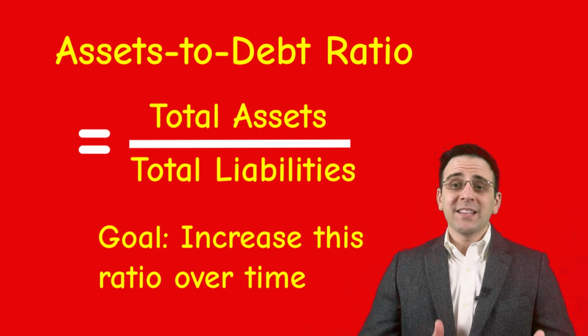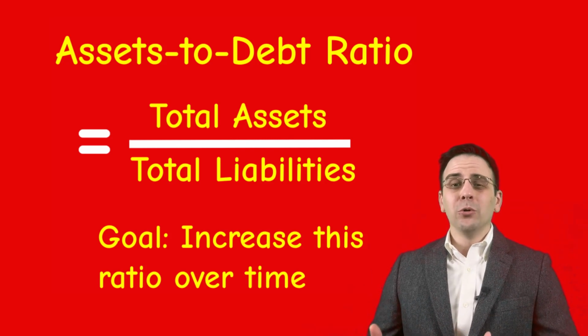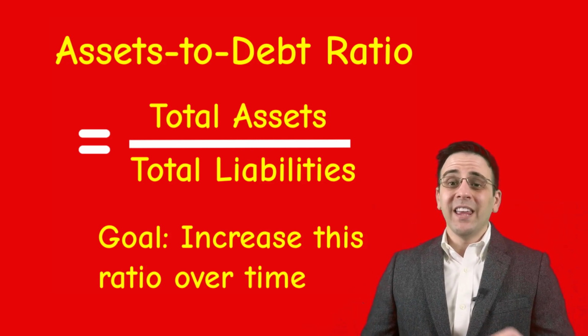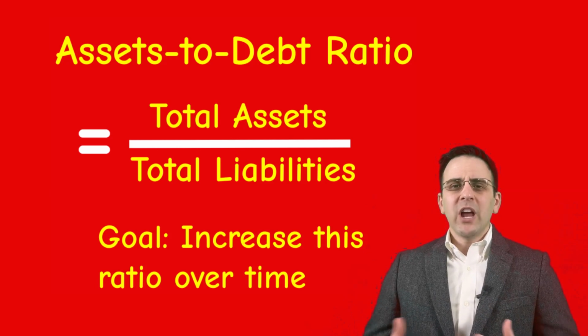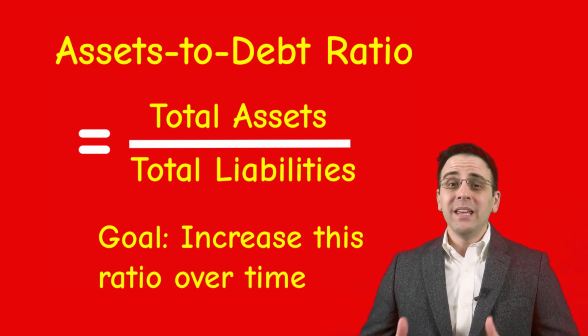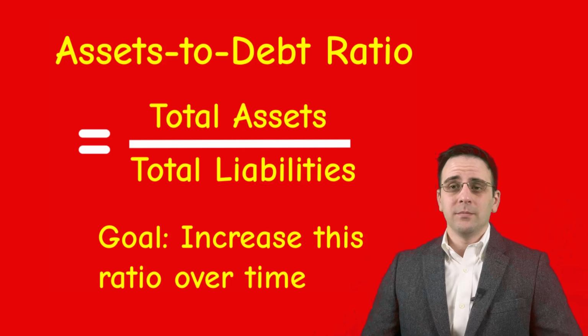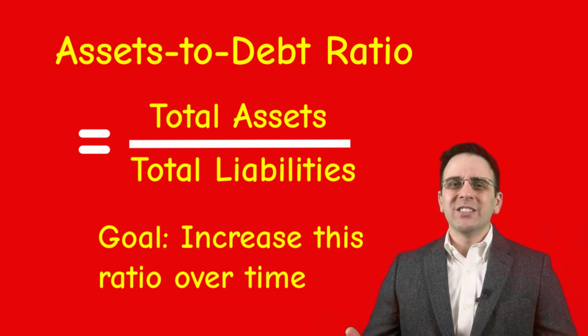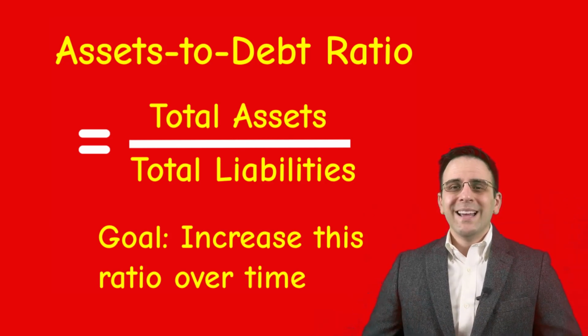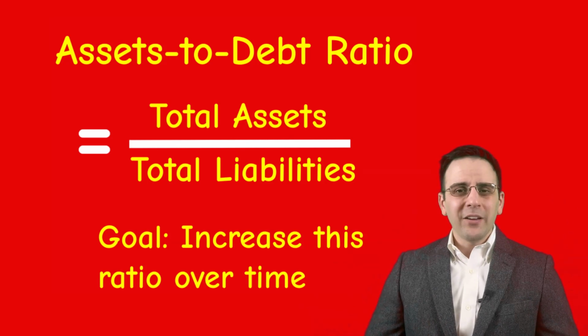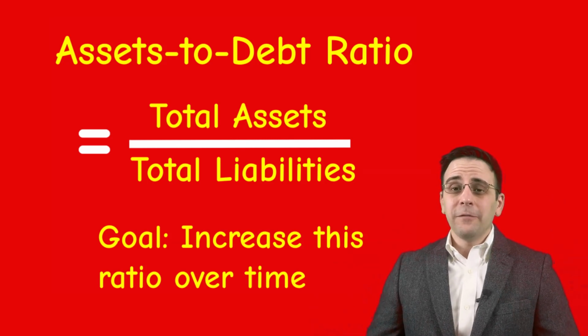Take your total assets and divide by your total liabilities to calculate this ratio. Generally, a higher ratio means a better financial position. The goal is to increase this ratio over the long term. Again, it's a very simple calculation, but also very effective in doing a high-level look.